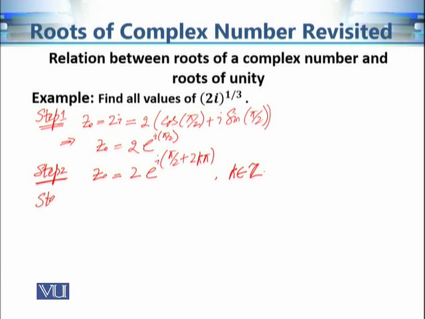And in the third step, we just take the power to be 1 by 3. So in other words, this becomes cube root of 2, and we multiply the power of e with 1 by 3. So we get the following expression. Here k is an integer.